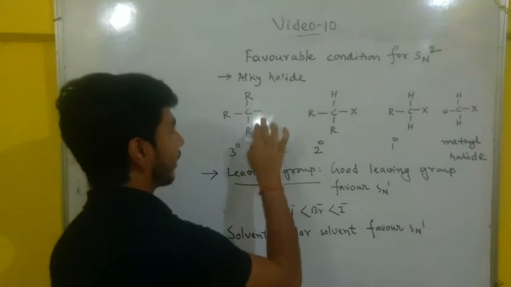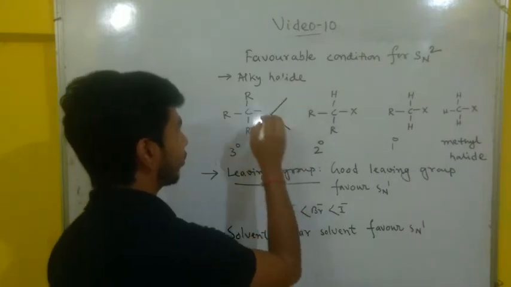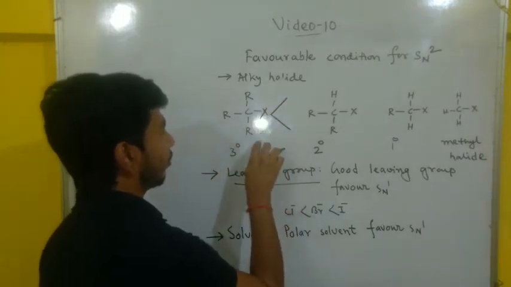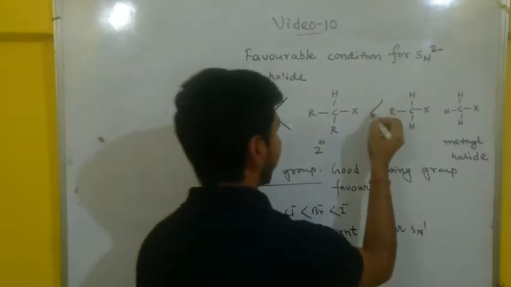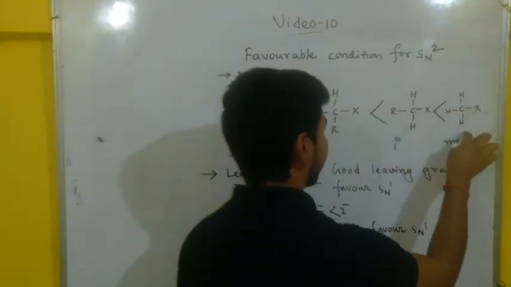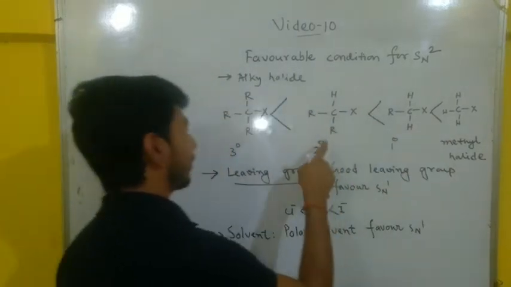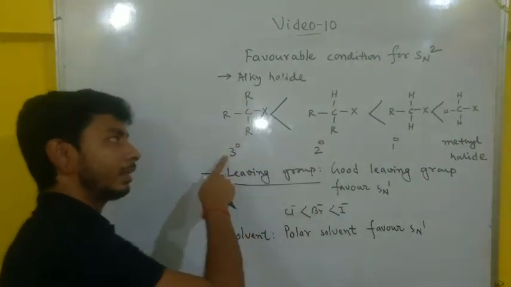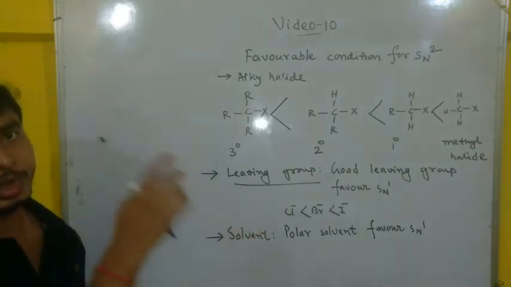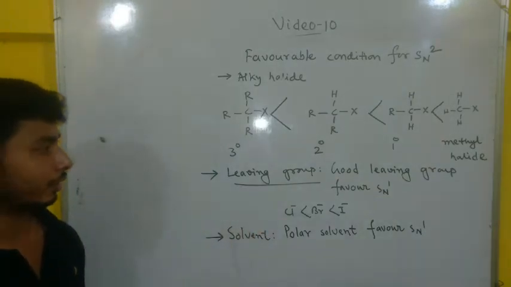Now 3 degree alkyl halide generally does not show SN2 reaction. So here the reactivity order is: methyl halide is more reactive than 1 degree, 1 degree is more reactive than 2 degree, and 2 degree is more reactive than 3 degree towards SN2 reactions.